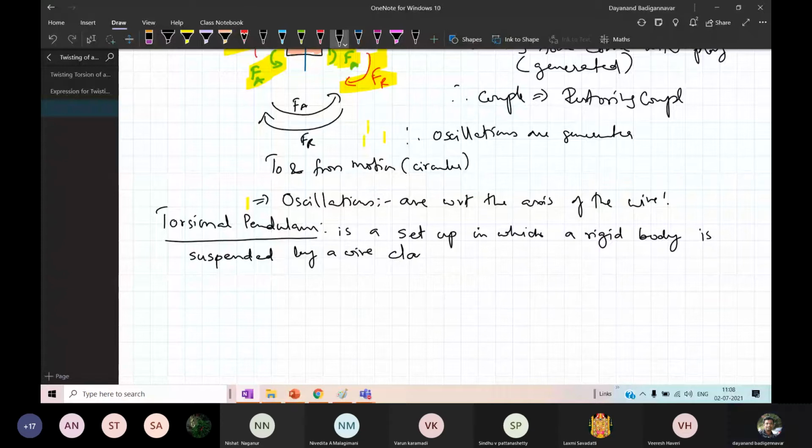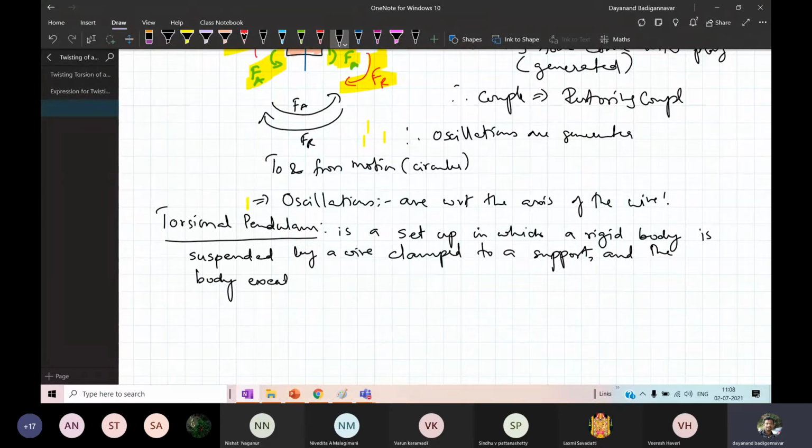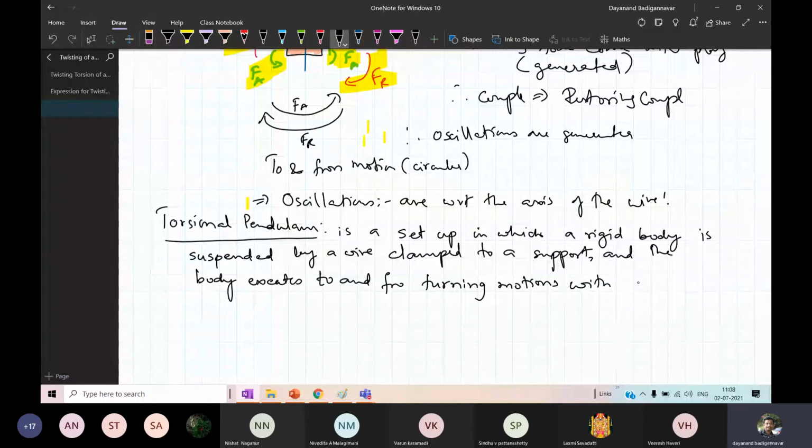Clamped to a support, okay, and the body executes to and fro turning motions with the wire as its axis, okay.